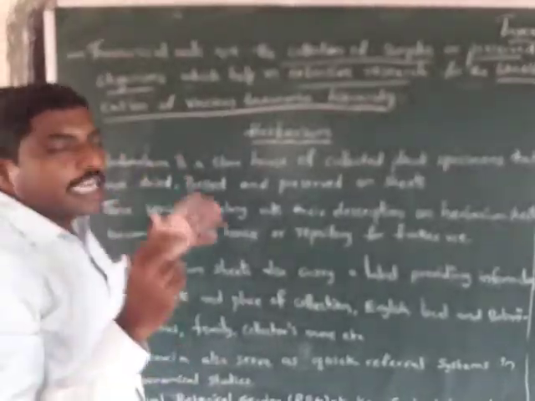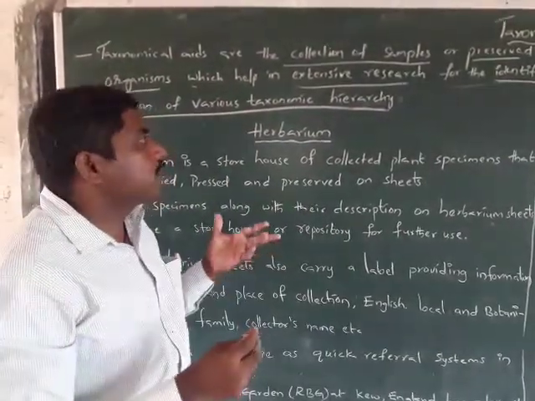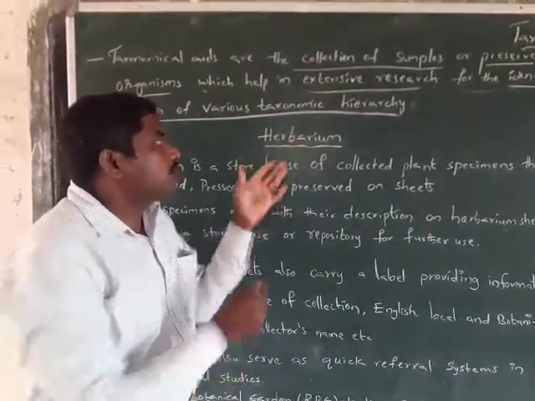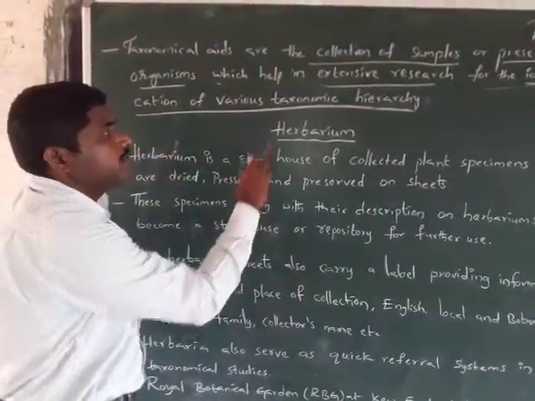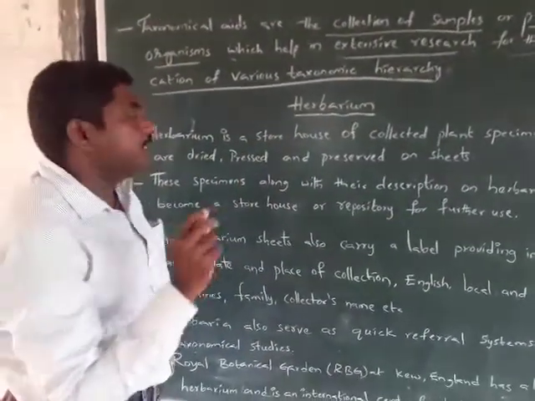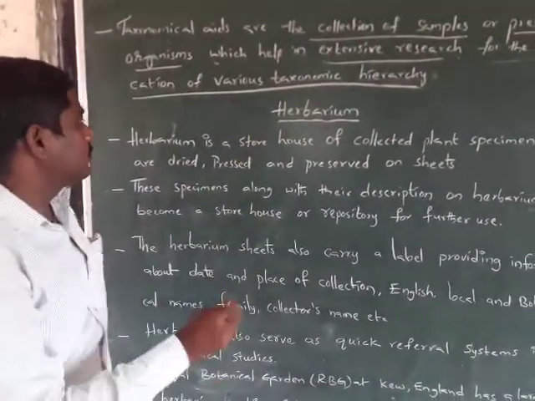These taxonomical aids are of various types. Among them, one we have to discuss is the herbarium. Herbarium is one of the taxonomical aids. What are the characteristics of the herbarium?